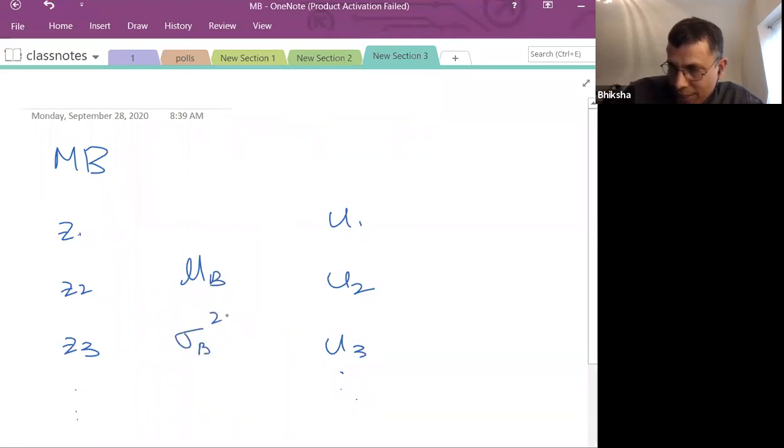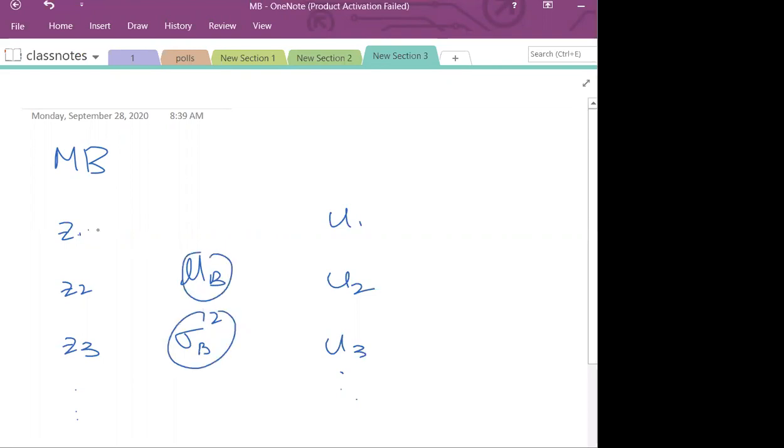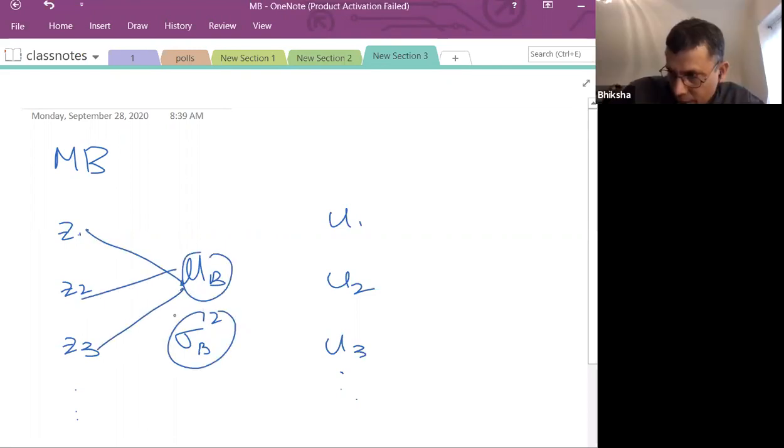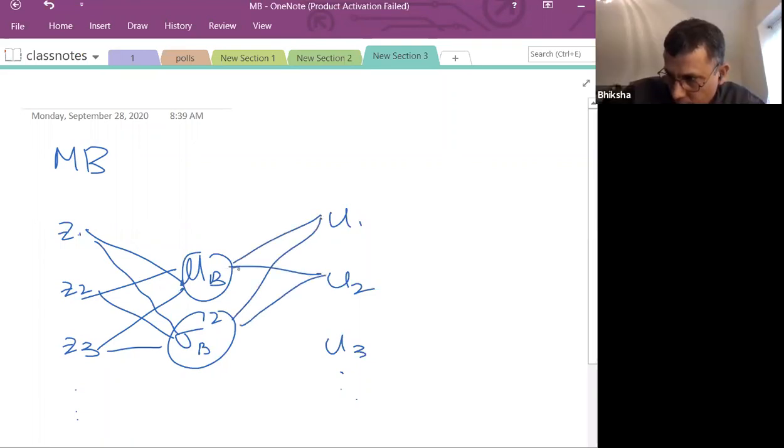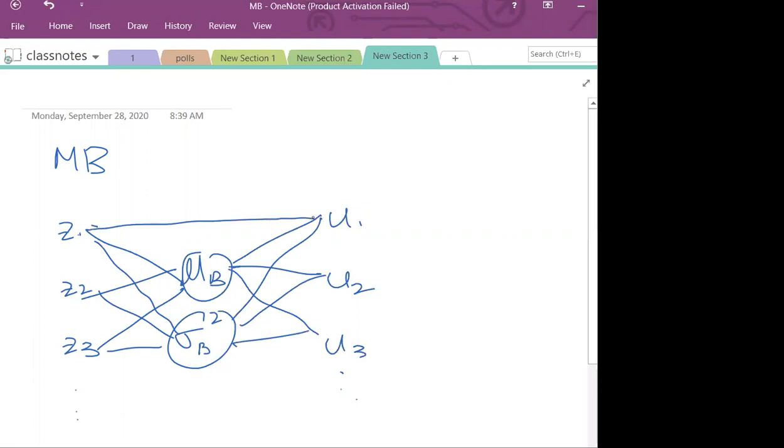And what are the dependencies now? All of them affect both. So all of them affect both. And let's draw the complete lot. And then both of those affect all of the others. And of course, you also have this one, right?